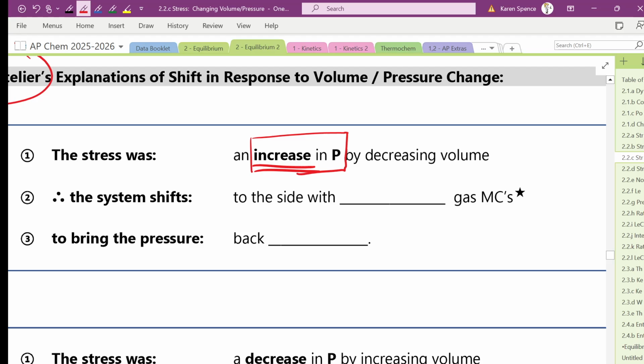What does Le Chatelier say the system wants to do? It wants to bring that pressure back down. How are you going to bring it back down? Will you shift to the side with more gas molecules or fewer gas molecules? You're going to shift to the side with fewer gas molecules, and that will bring the pressure back down.